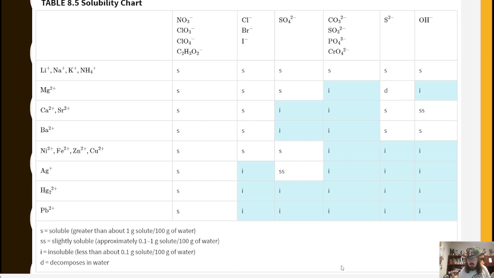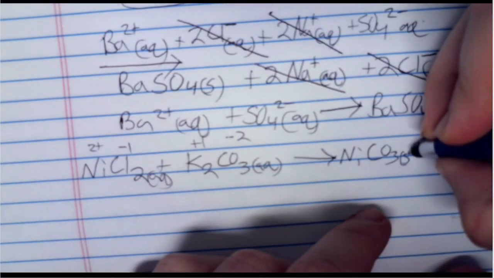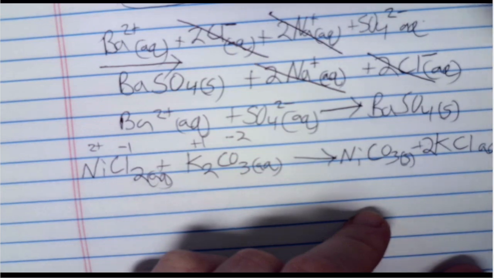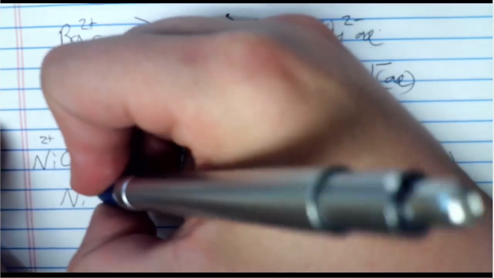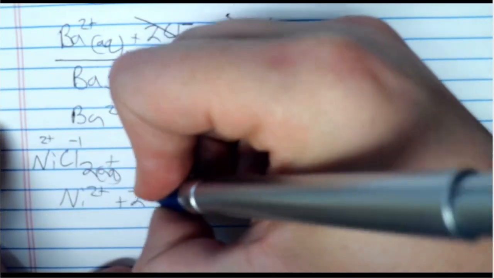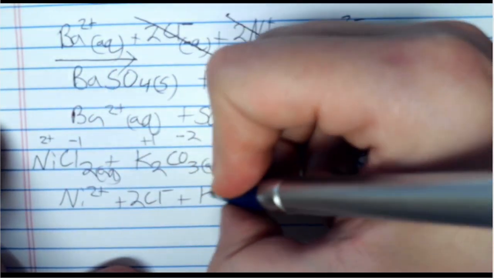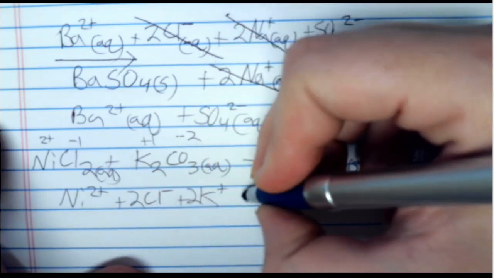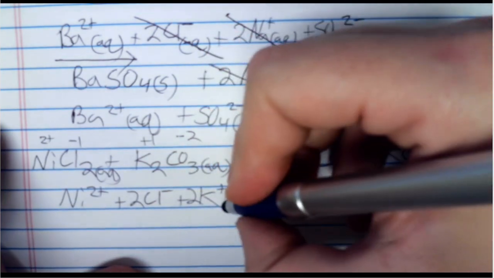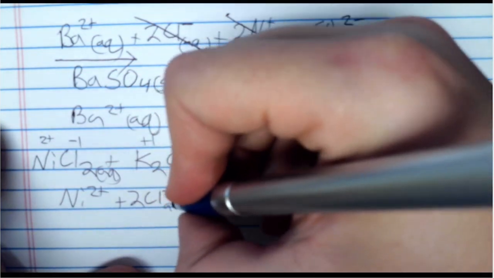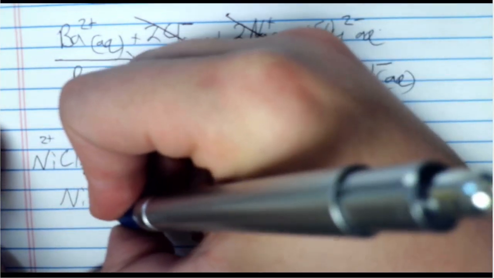So, with that in mind, solid, aqueous. Breaking that down: nickel 2 plus, 2 Cl minus, 2 K plus, CO3 2 minus, all aqueous.